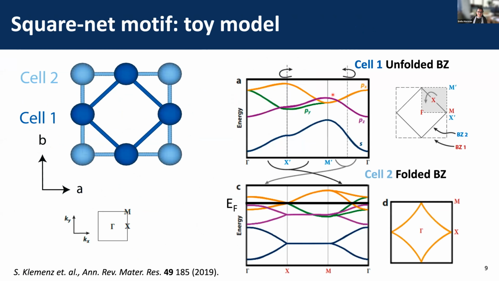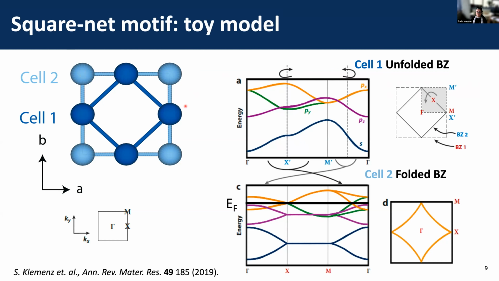However, what I want to tell you about is how this square net in europium gallium-4 leads us to Weyl nodal rings. And you've already seen this band structure earlier. I'm just going to point out that in this schematic square net, the dark cell corresponds in my compound to one of the metal sites, gallium-1, and the light one is the gallium-2 site in europium gallium-4.